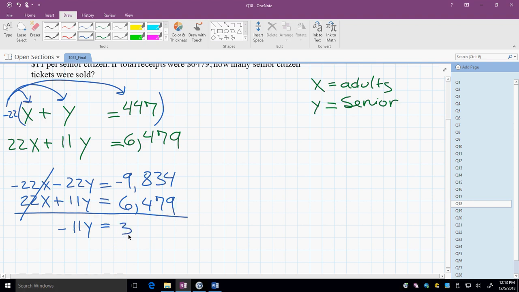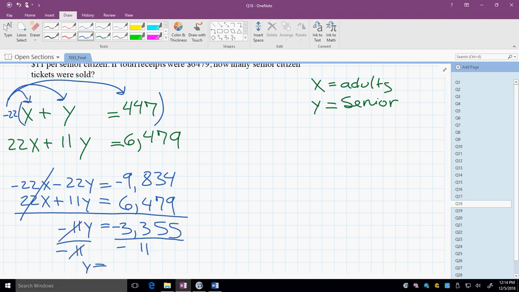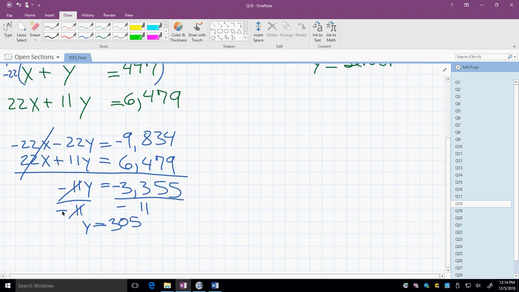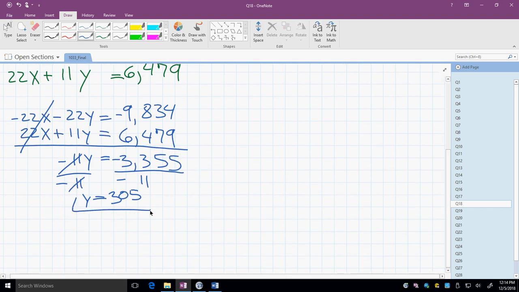It gives me negative 3,355 divided by negative 11, both sides. Now y is equal to 305. And that's your answer, because they're only asking you for the seniors.